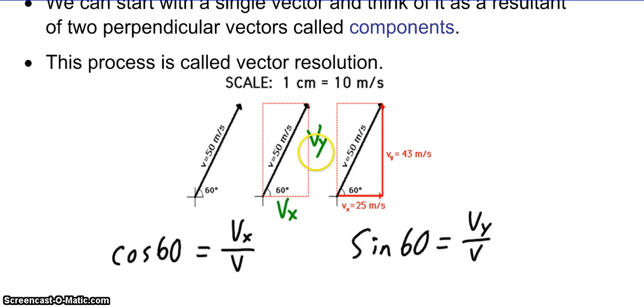Then you could do those calculations in your calculator, and they round to approximately 43 meters per second and 25 meters per second. I'm going through this quickly because these calculations are nothing new. We've been doing this all year long.